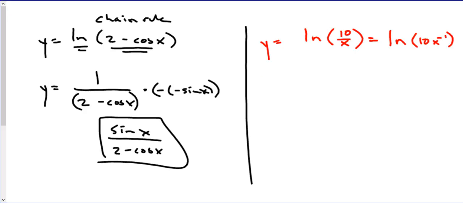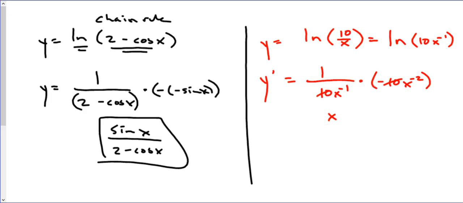But once again, take the derivative using 1 over 10x to the negative first, times the derivative of the inside, which would be negative 10x to the negative second, and that's what we would have. We could simplify this. The 10s would cancel out. We would have this go on the top, so we have negative x over x squared, which would be negative 1 over x.